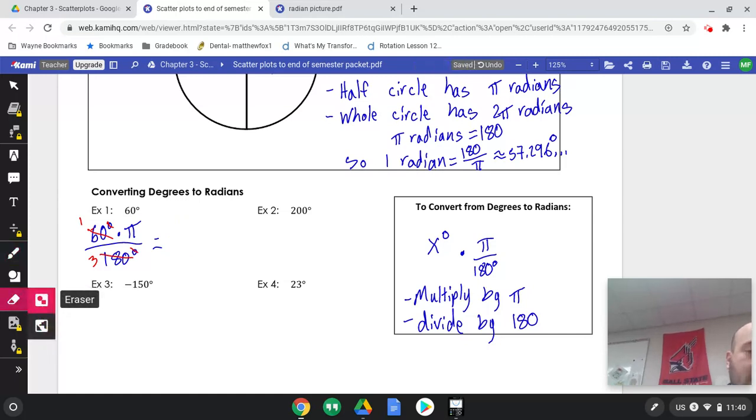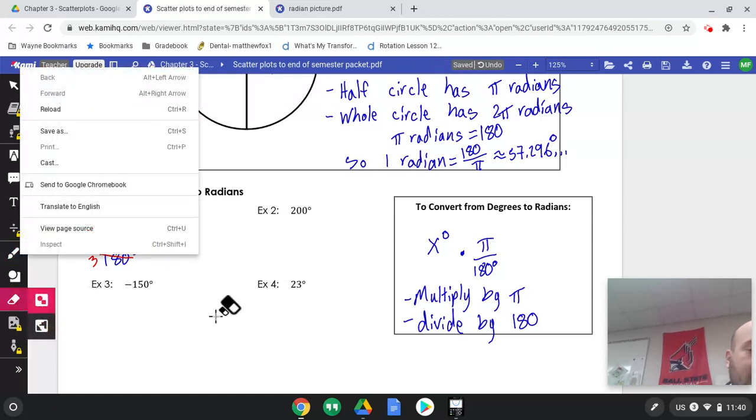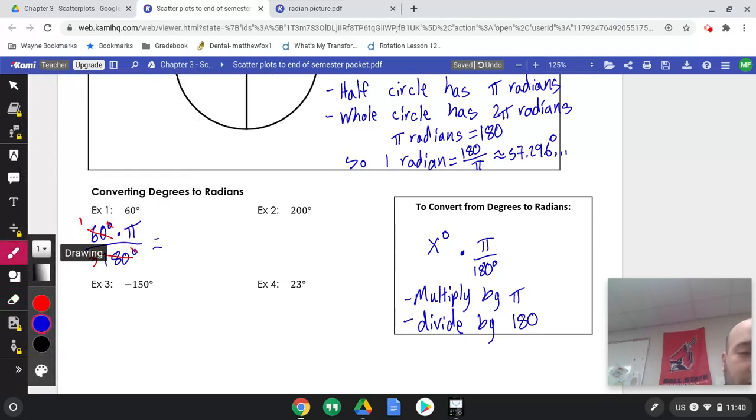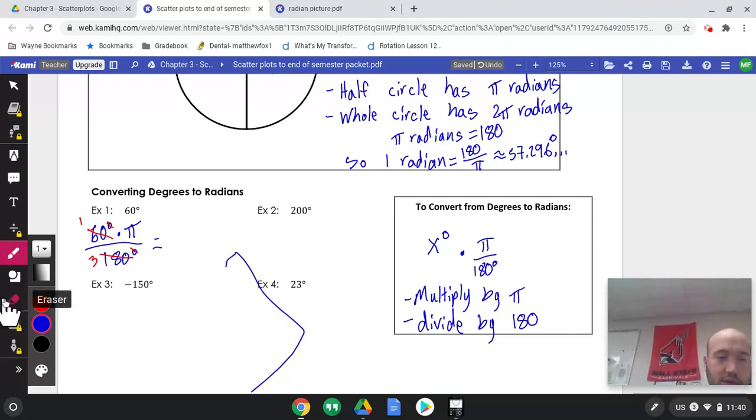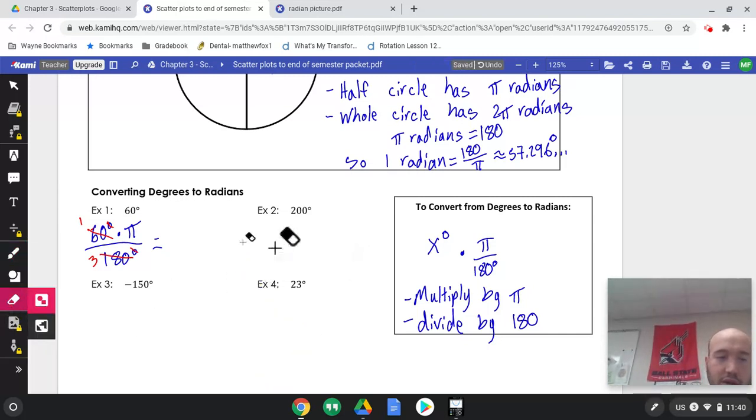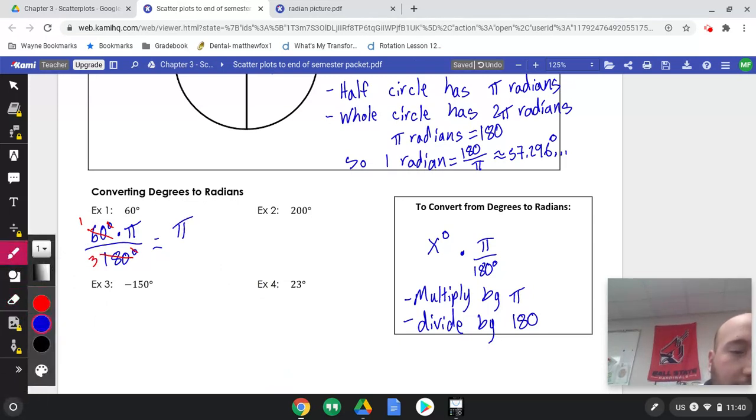It'd equal 1 times pi, which is pi. Not sure what's up with my pen. Oh, there it goes. All right, so it will equal pi over 3 as our answer. If it doesn't have a label, pi over 3, we can assume that is in radians.